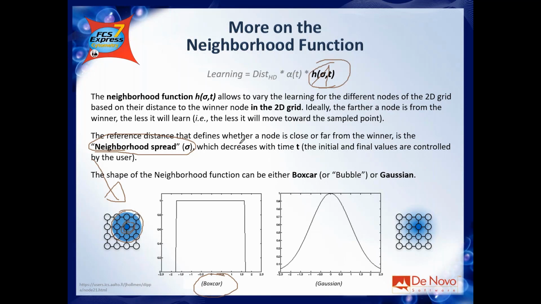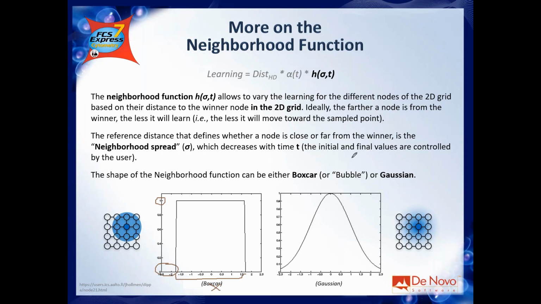This is either on or off. And if you look at the graph at the bottom, what you see on the x-axis is the distance from the winner. Nodes within this region will move. Everything outside will not move at all. Again, this is on or off.